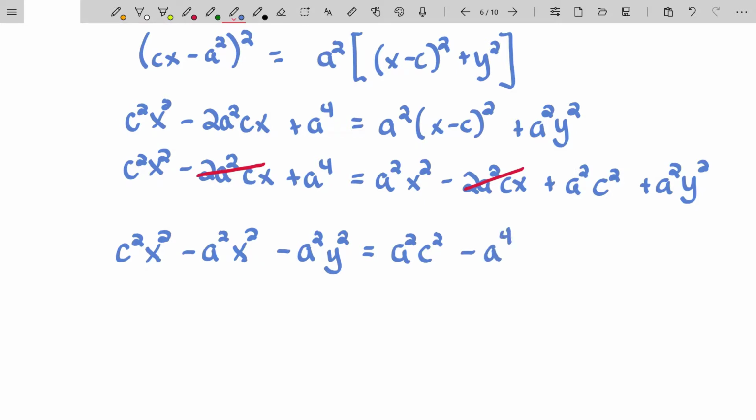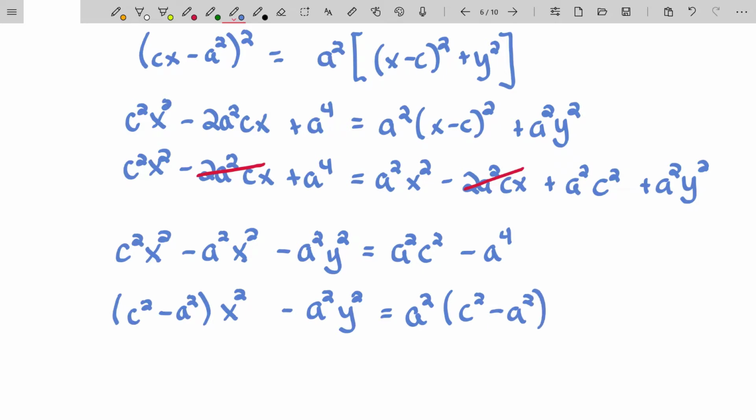So there we go. We've collected everything with x's and y's on one side and everything without on the other. And you can also tell I can factor an x squared out of those first two terms, and I have (c squared minus a squared) times x squared minus a squared y squared is equal to, and I suppose I could just factor out an a squared here, a squared times (c squared minus a squared).